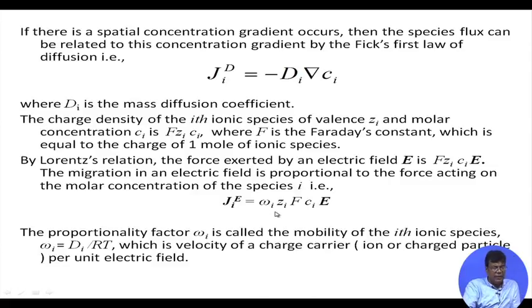Mobility is basically the velocity per unit electric field. That is how mobility is defined. So, we have two classes of ionic flux generation: one is due to molecular diffusion, another is due to electromigration of the ionic species. This omega_i can be written as D_i by RT, where R is the universal gas constant and T is the temperature. D_i is the diffusion coefficient.